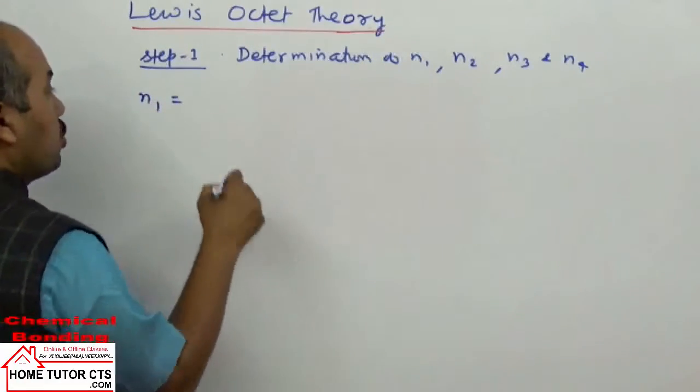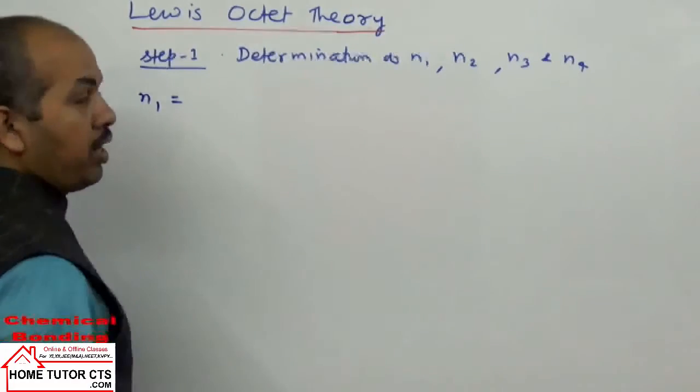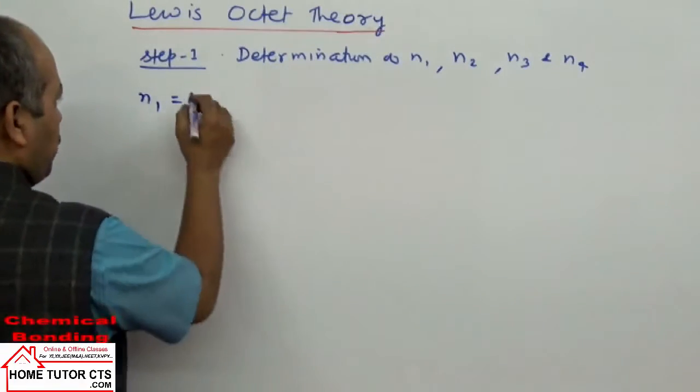N1 basically gives the total number of valence electrons available from all the atoms. So how to find N1?